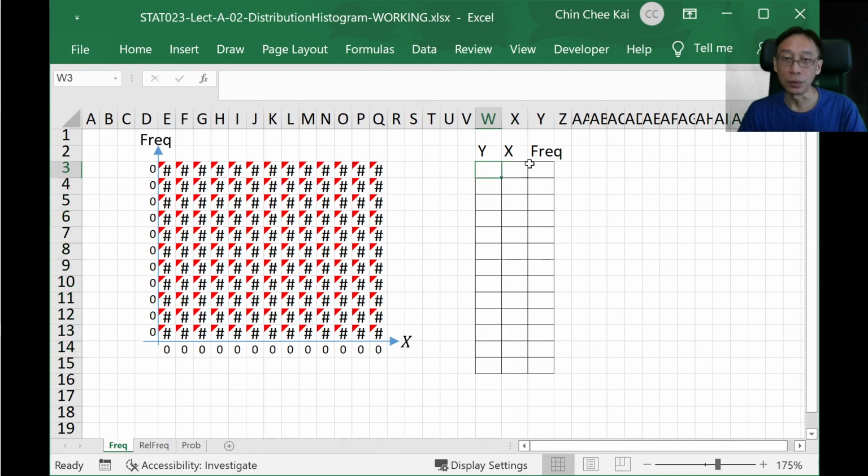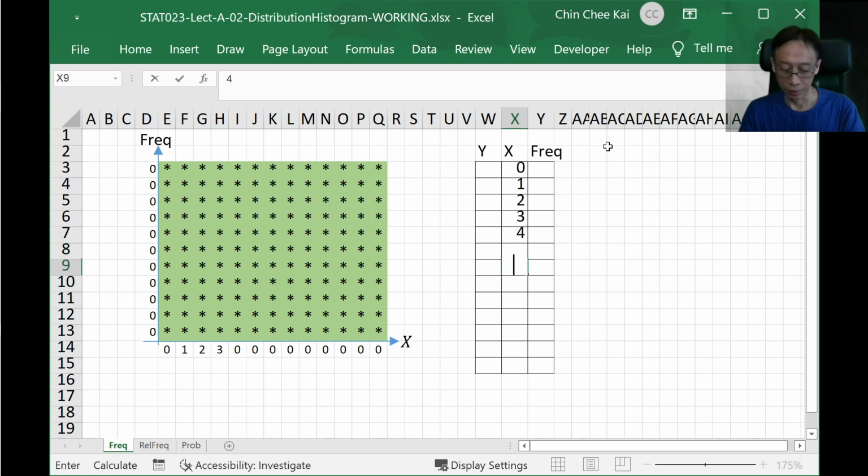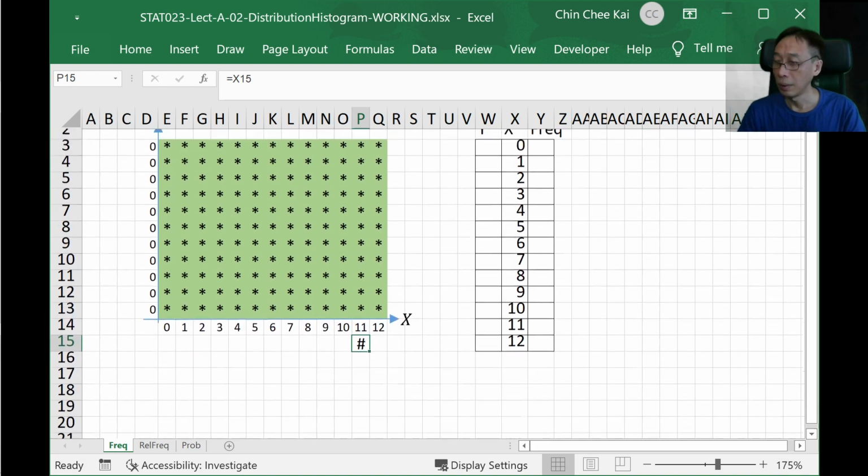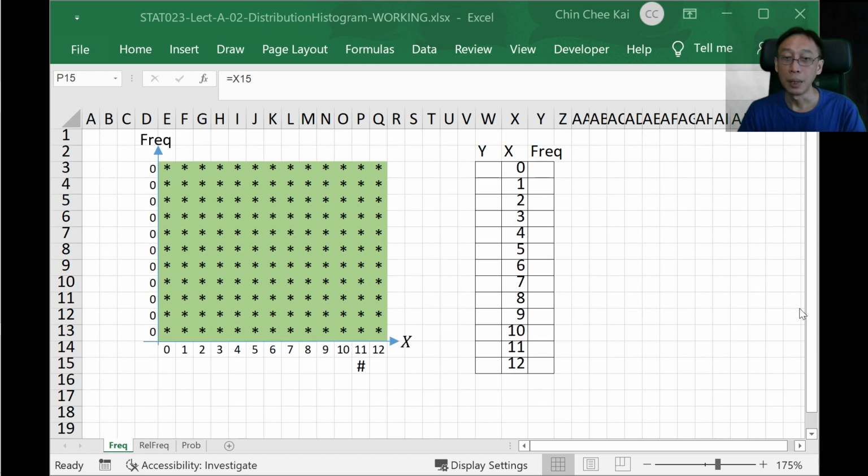So what I did was to create a histogram, which will automatically update itself. So I've done this part. And what I want to do is to also do this. Let me see if I got it right.